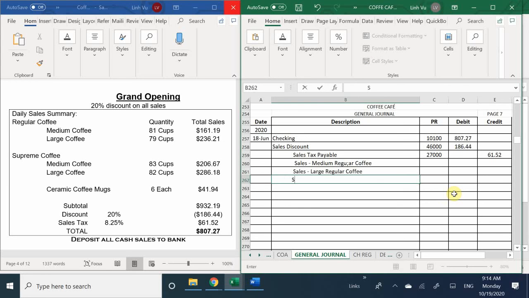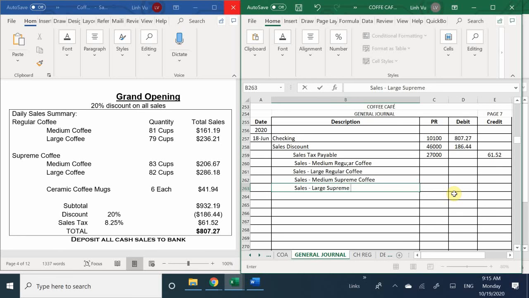We need to do sales, medium, and we also need to do sales, large, supreme coffee.